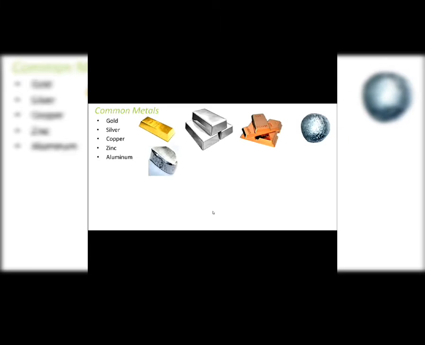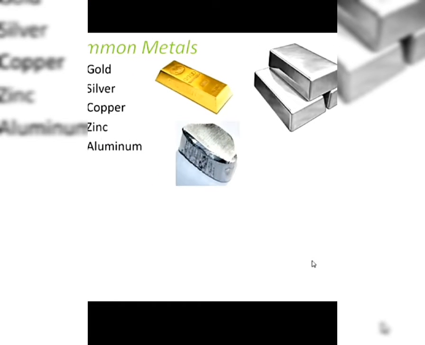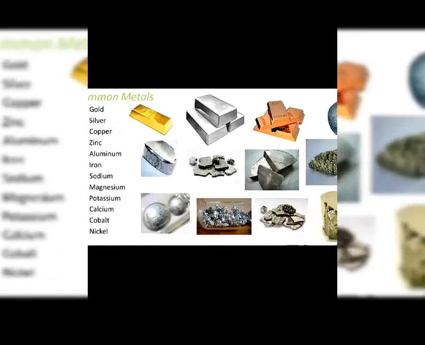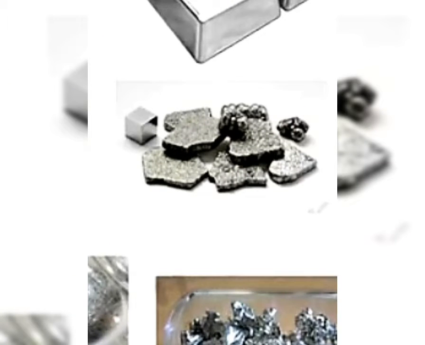So this slide is basically to make you acquainted with the look of each of these metals. If you look at gold, the color is very shiny and yellowish. Silver is grayish. This is iron, and the color is more blackish.